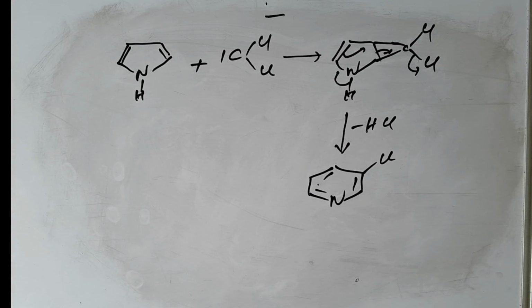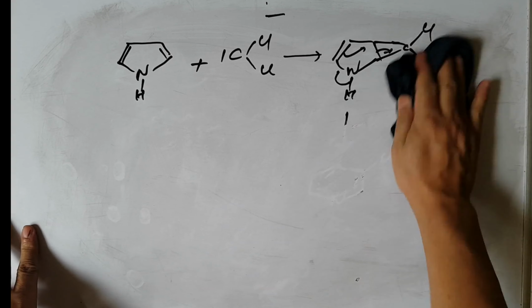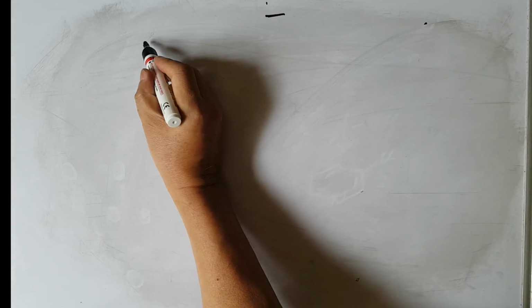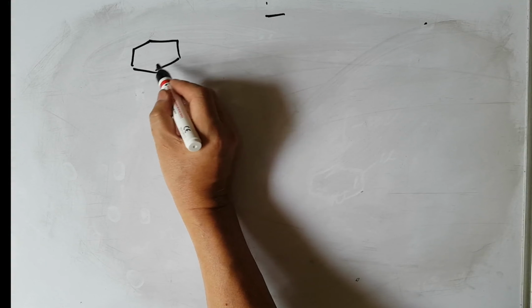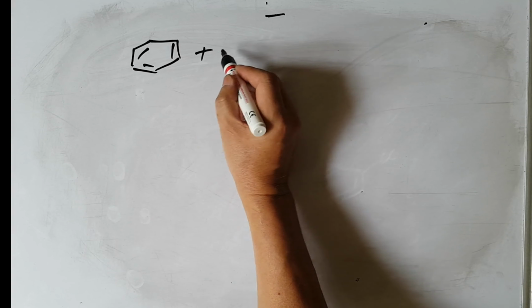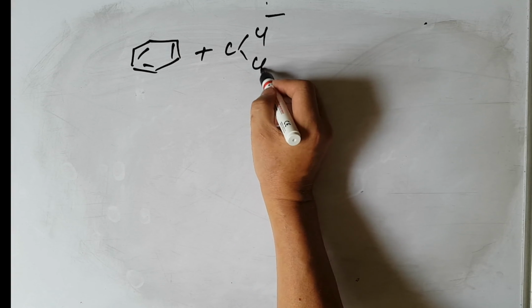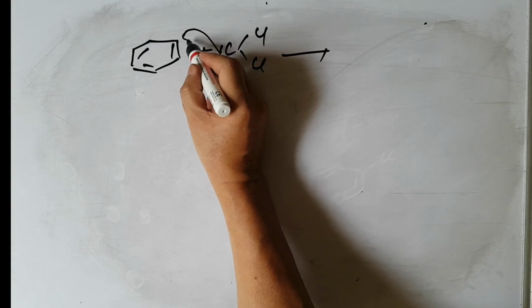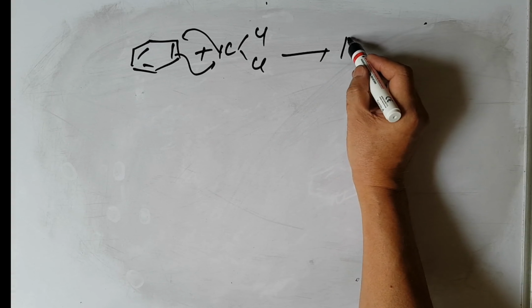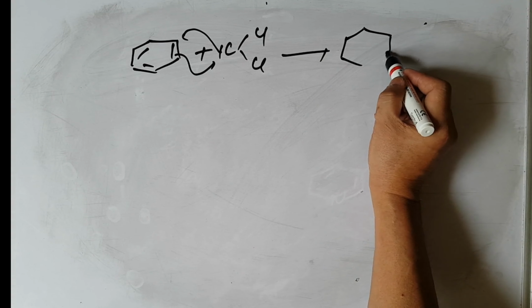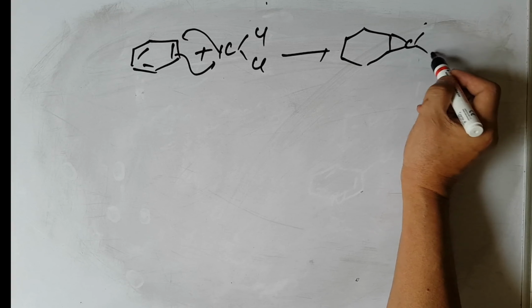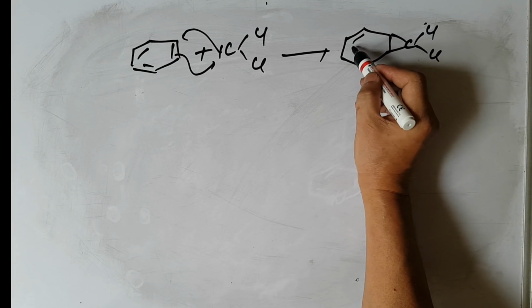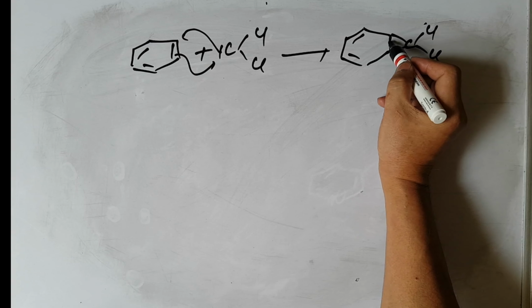Another example I can give, simple benzene can also react with this carbene. So I'm giving the benzene. Benzene has double bonds. First it reacts with carbene here. So addition takes place here like this. So here the first step is formation of a cyclopropane ring. Then ring expansion can take place this way.